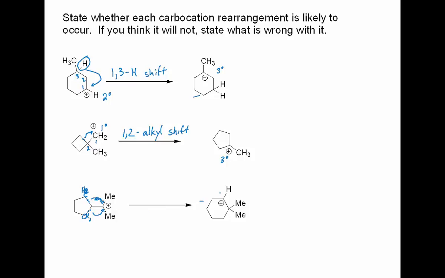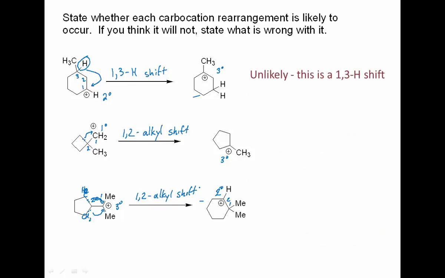Okay, this is creating a secondary carbocation when we started with a tertiary carbocation. If we look at the carbons involved, of course, it is a 1,2 alkyl shift, but it's producing a less stable carbocation, so it's not as likely to proceed.